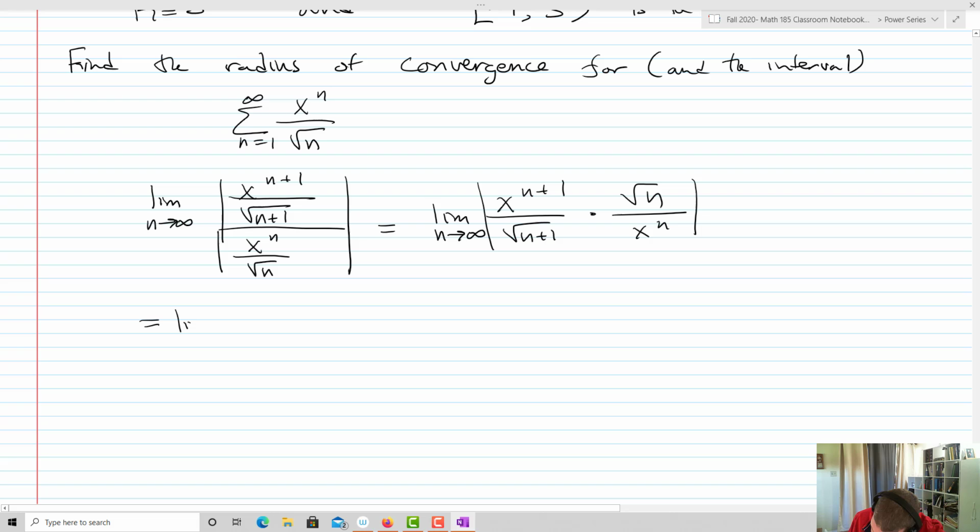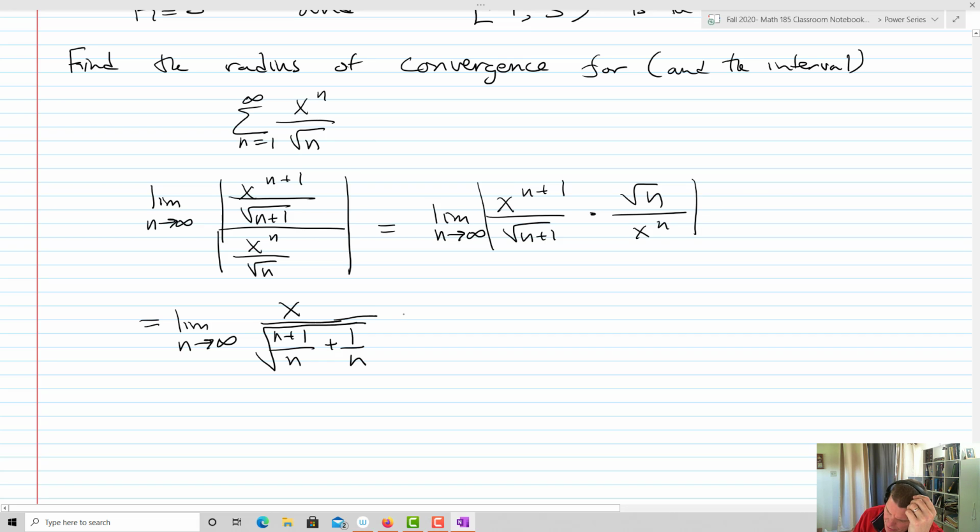This will then equal the limit as n approaches infinity of x over, and I'm just going to rewrite this as n plus 1 over n. Right? So we basically just divide through by the n. Okay?